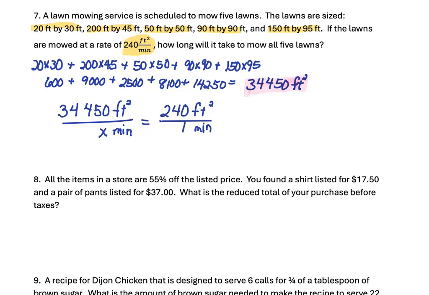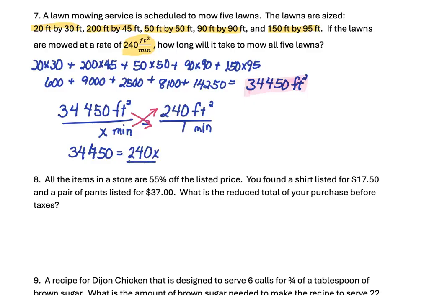And we know how to solve a proportion, right? So I'm comparing feet squared to minutes, feet squared to minutes. So I'm going to cross multiply to solve. And that gives me 34,450. Oops, left off my 450 times 1 equals 240x.